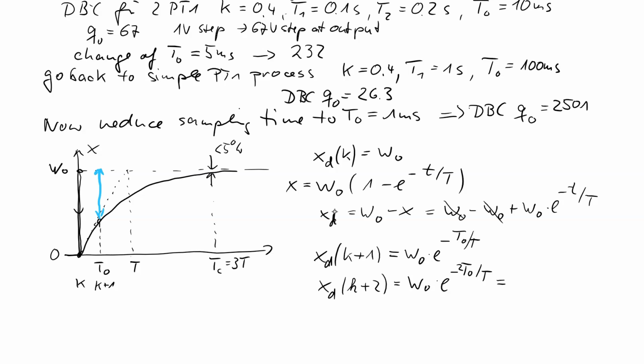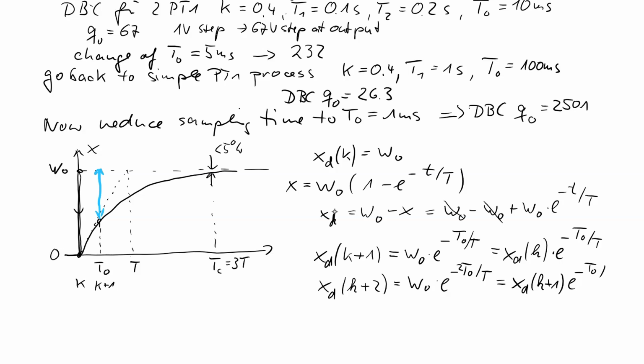If we write it in a different way, xd of k times e to the power of minus sampling time divided by T, and xd of k plus 2 is, if you see this, xd of k plus 1, the previous signal multiplied with the same factor.